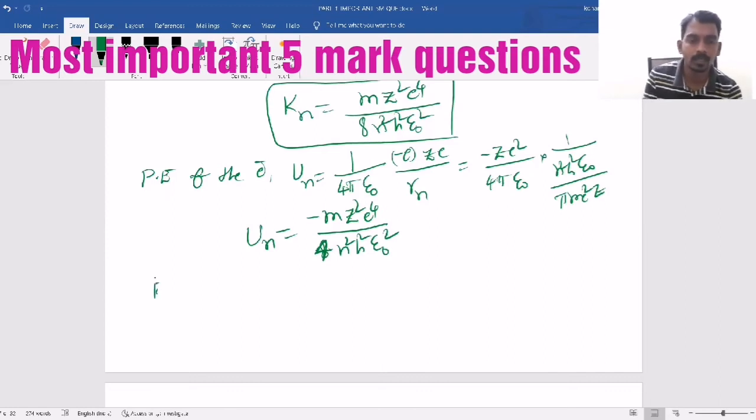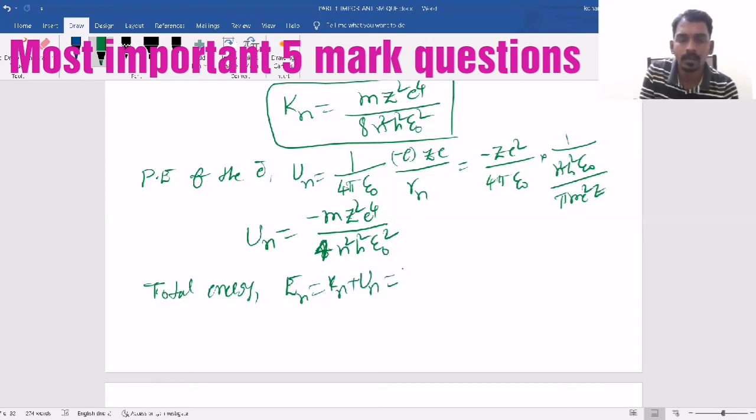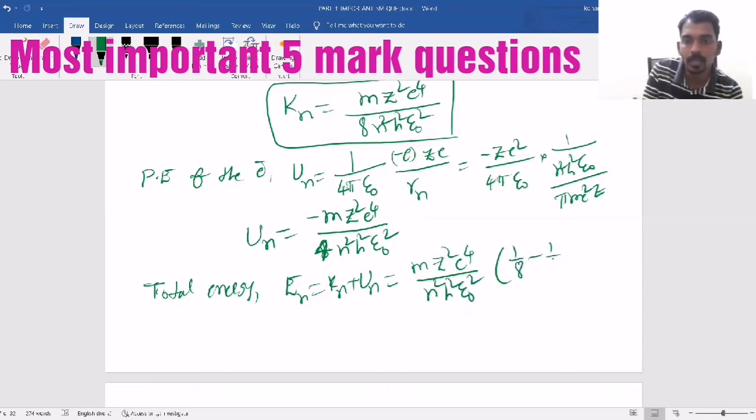Now comes the total energy equation. Total energy En will become Kn plus Un. Kn and Un, when you take the common term m Z square e power 4 by n square h square epsilon naught square, Kn means 1 by 8, Un is minus 1 by 4.